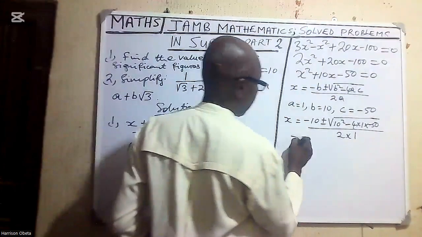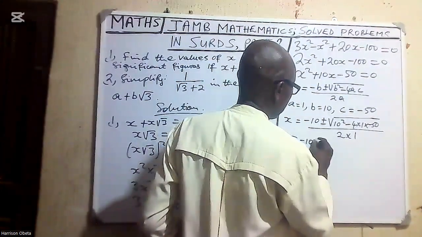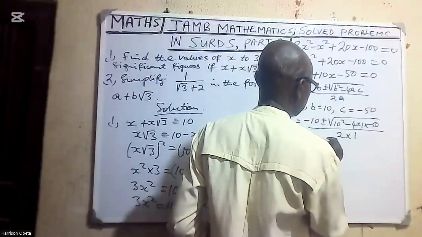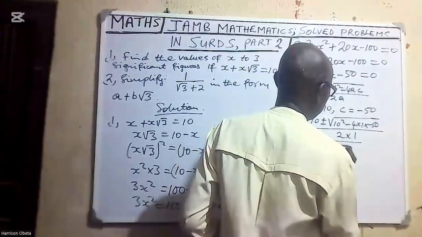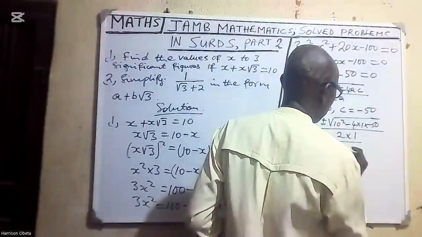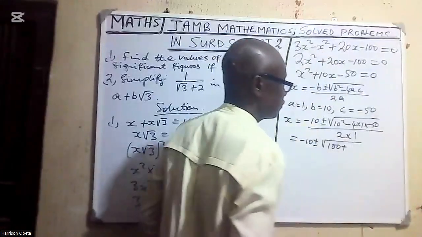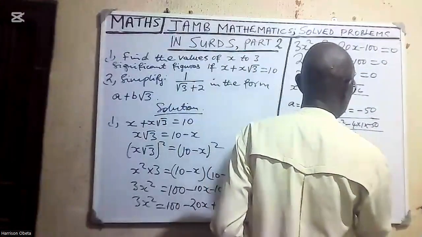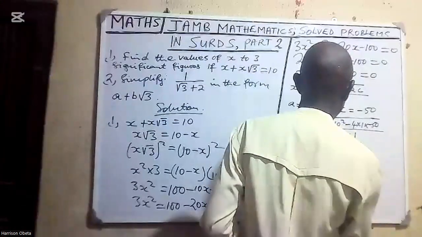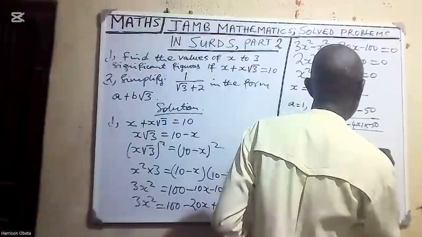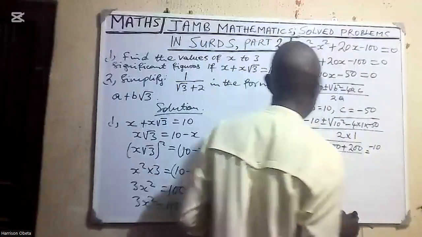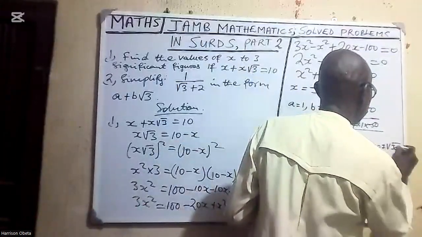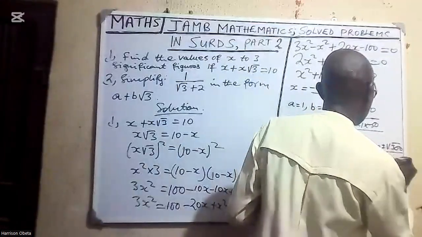And moving on, we have minus 10 plus or minus square root of 100. This we change to plus. 4 times 1 is 4 times 50 is 200. Everything over 2. And this will give us minus 10 plus or minus square root of 300 all over 2.